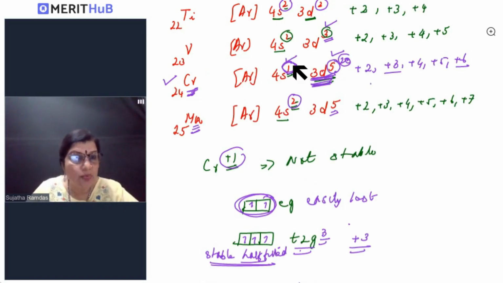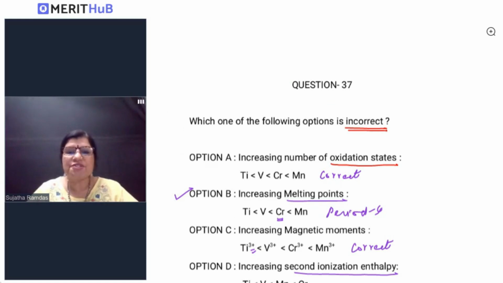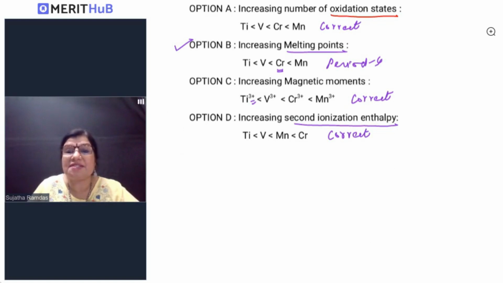So this is the IE1 and IE2 becomes very high. This kind of situation is not found in any of the other transition metals. So the highest second ionization enthalpy would be for chromium. The least would be for titanium. And therefore, option D is also a correct statement.